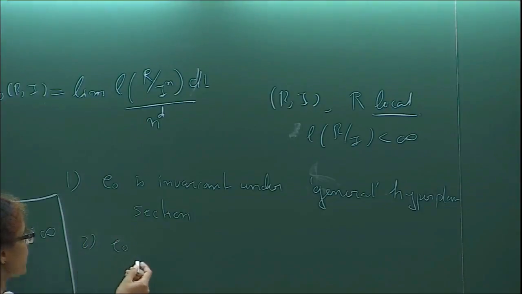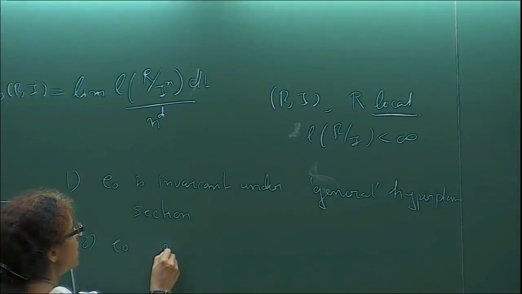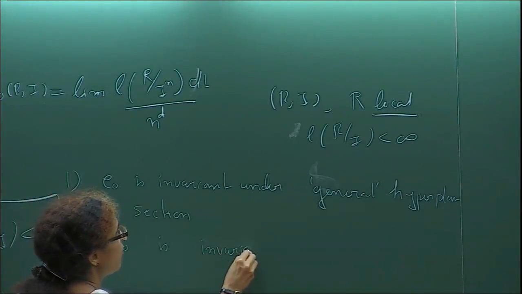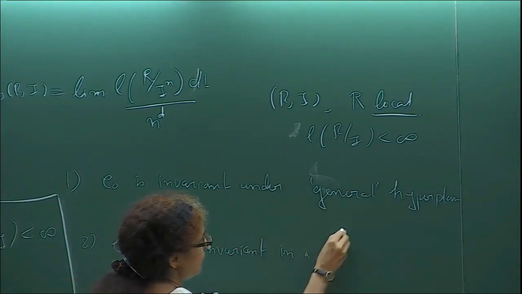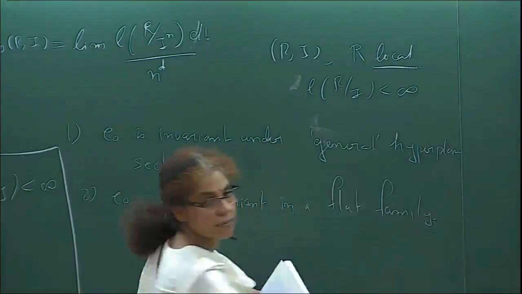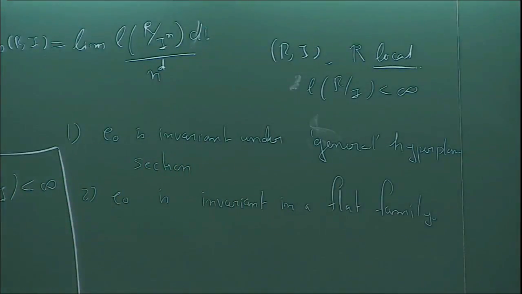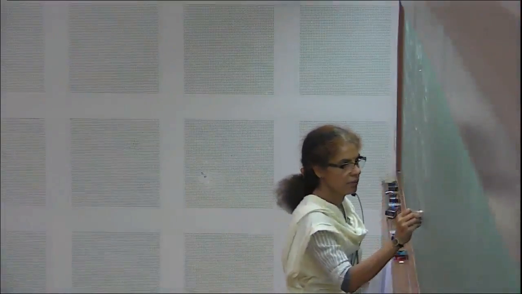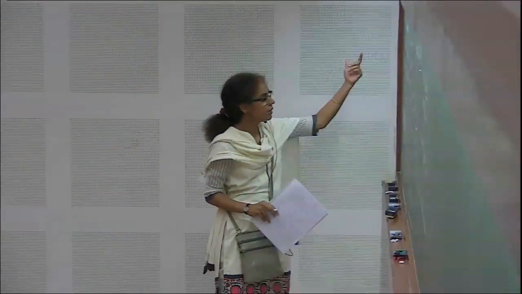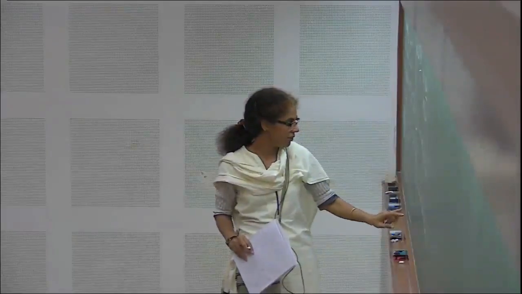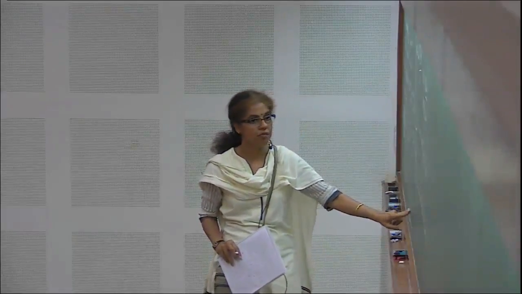Second, e_0 is invariant in a flat family. So given a pair (X, O_X(1)) or (R, I), I have this integer called the multiplicity of the pair.